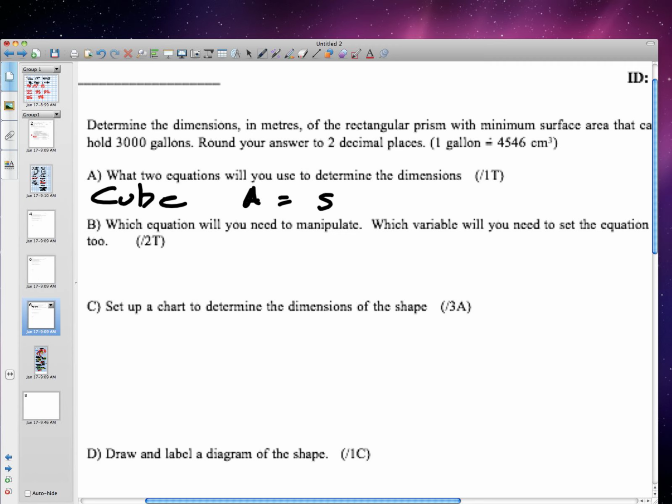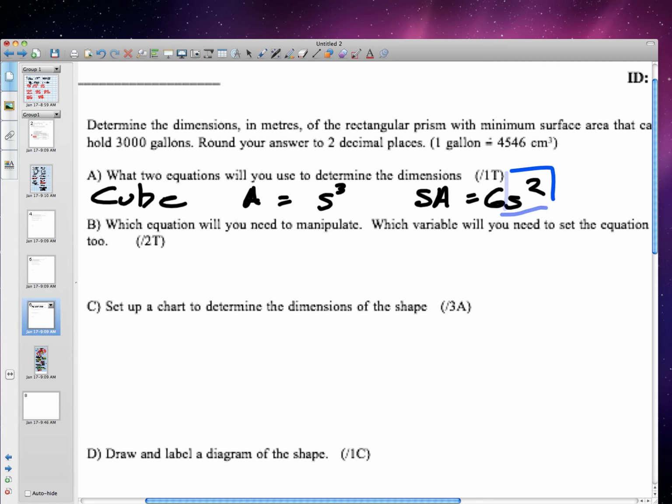S cubed, good. And surface area of a cube. 6s, someone said it. Very good. 6s squared. The area of one side would be s squared, and there are 6 sides to a cube, so we multiply that by 6. Those are the 2 equations we'll be using, okay?